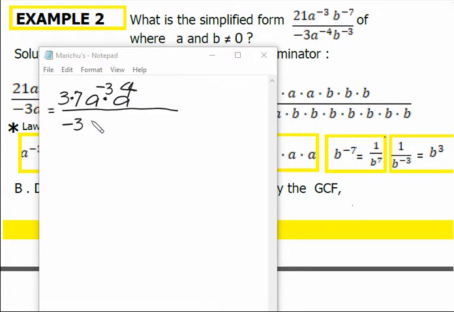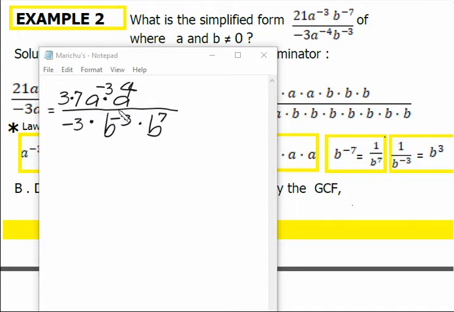What is left here is the b raised to negative 3. And there's an exponent here of b raised to negative 7. Let's put it over here, b raised to 7. It becomes positive here.